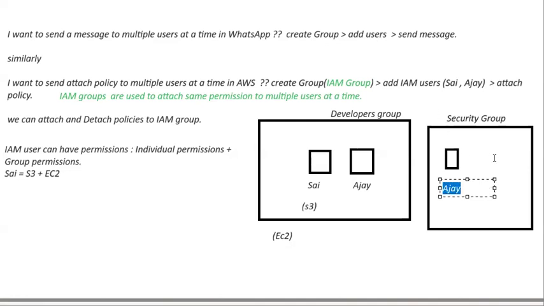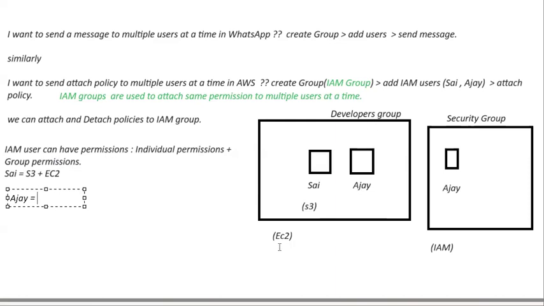Let's say I provided a permission to this group. Since it is the security group, I need to provide IAM permission as well. So now you can tell me what are the permissions that Ajay has. For Ajay individually, I did not assign any permissions, so individual permissions are nothing. Coming to group permissions, he is present in two groups, the developer group and the security group.